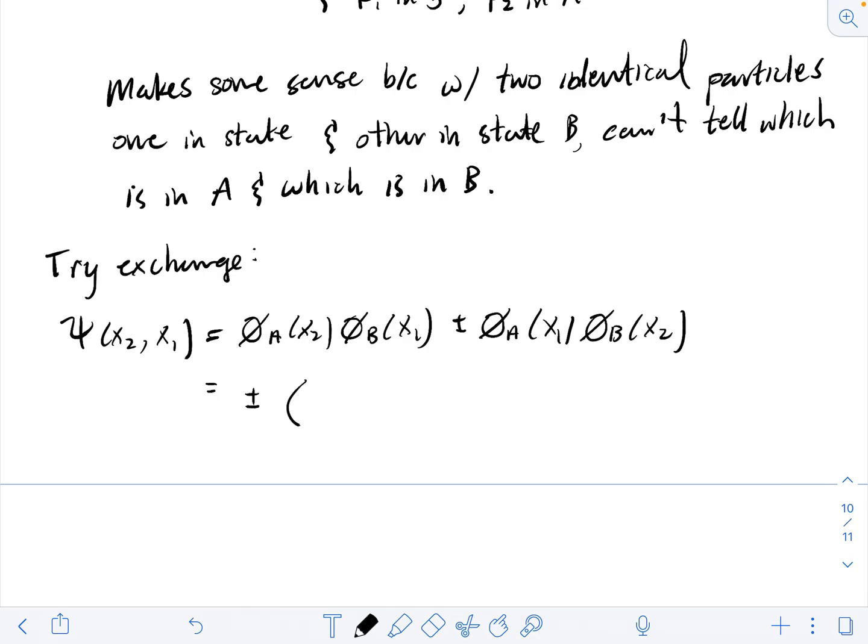Okay, let's factor out the plus minus, and put the second term first: phi a x1, phi b x2, and then plus or minus phi a x2, writing the first term, phi b x1.